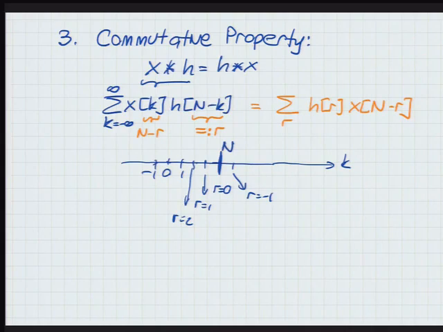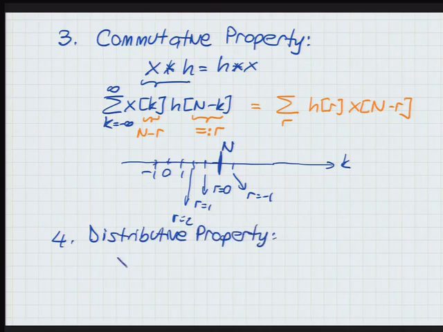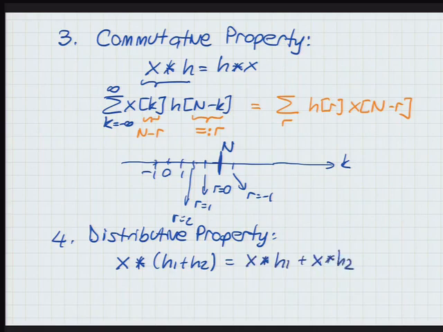Okay, so the next property is very simple to derive. You don't even need a change of variables. It's the distributive property. So what this says is the convolution of x with the sum of two signals, h1 plus h2, is going to be x star h1 plus x star h2. I'm not even going to prove this.